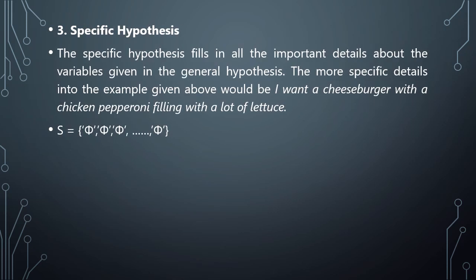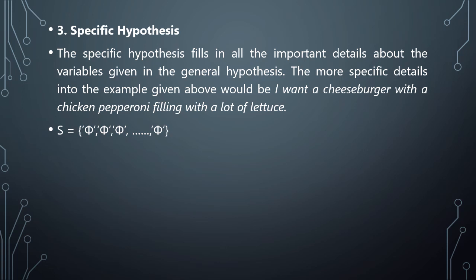Now the third type is the specific hypothesis. Here the specific hypothesis fills in all the important details about the variables given in the general hypothesis. The more specific details in the example would be: I want a cheeseburger with a chicken patty, cream, and a lot of it.